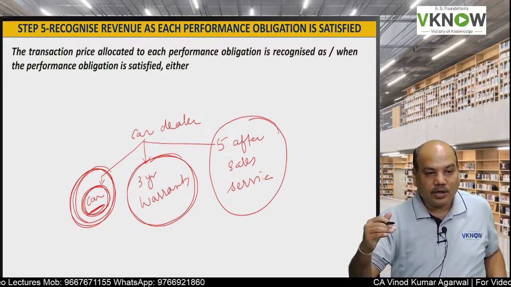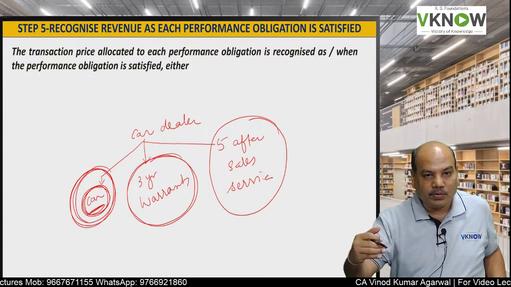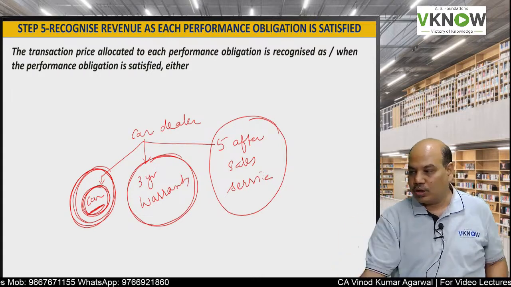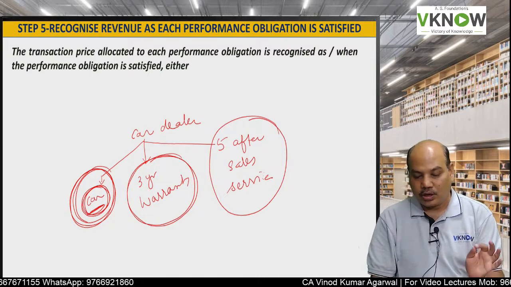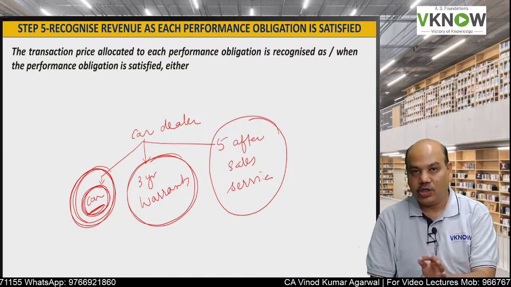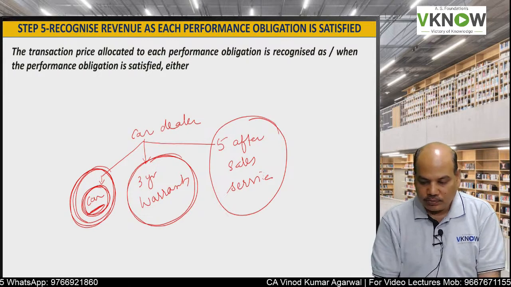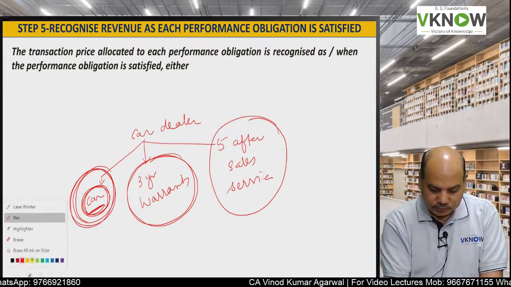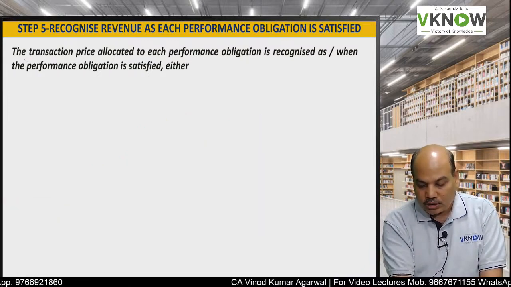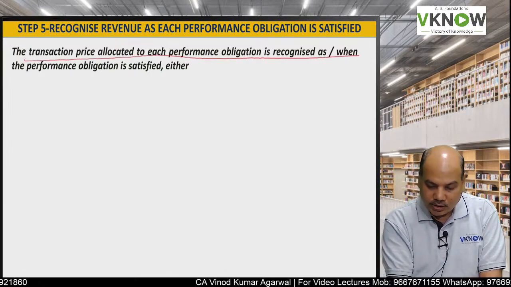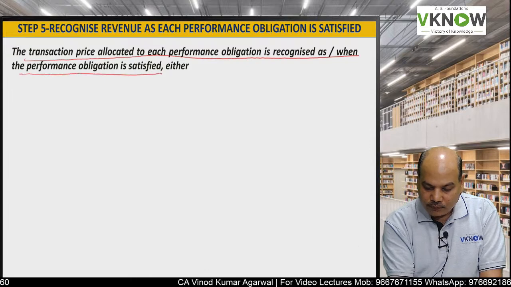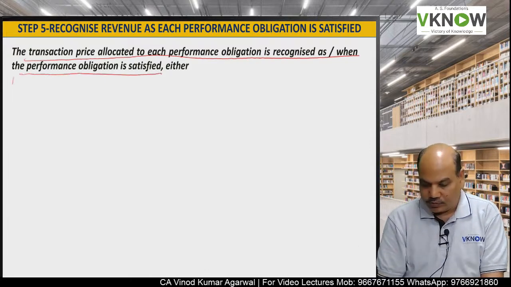So as and when after sale services are provided by you, you are going to recognize the after sales revenue part. This is called recognize revenue as each performance obligation is satisfied. The transaction price allocated to each performance obligation is recognized as and when the performance obligation is satisfied.